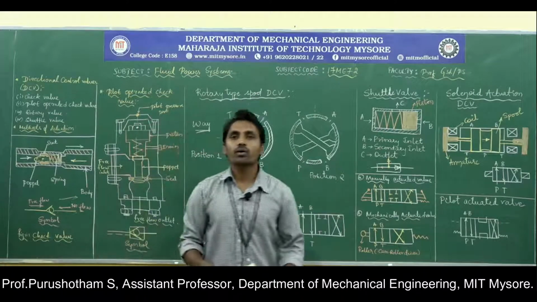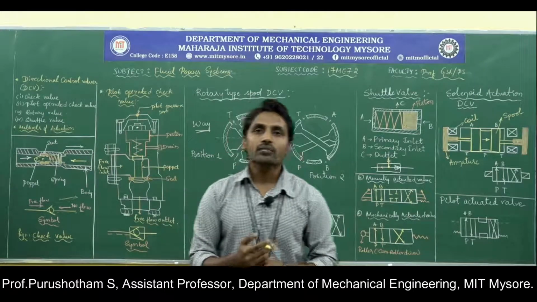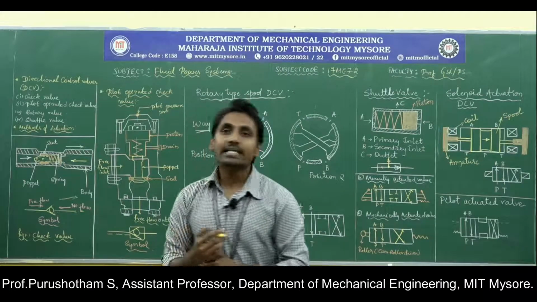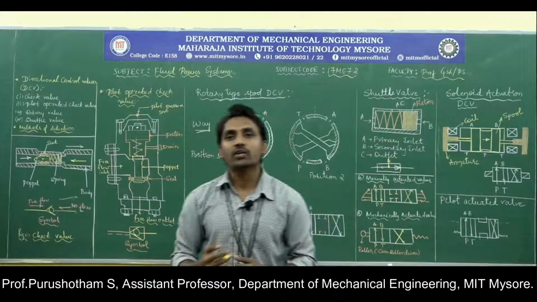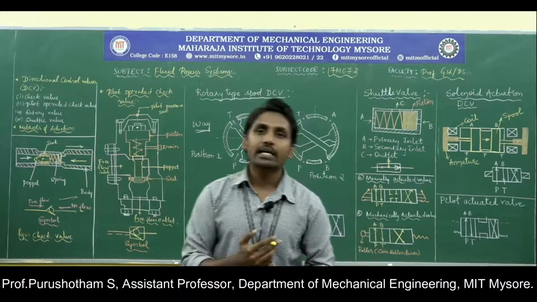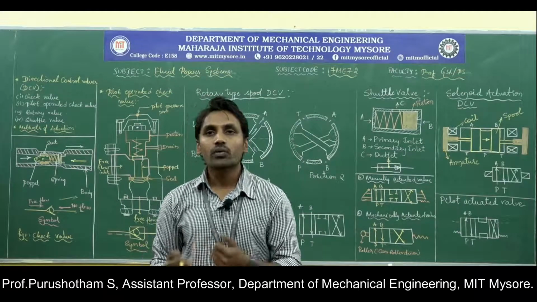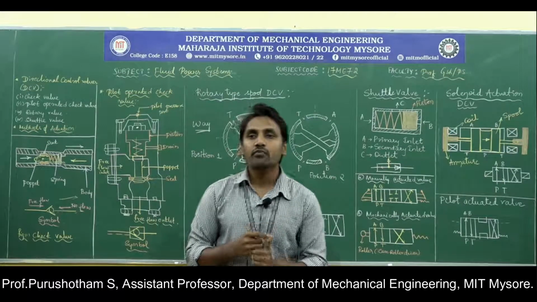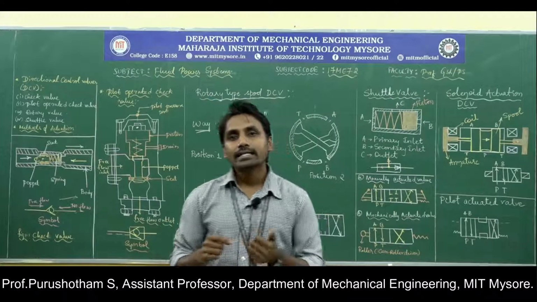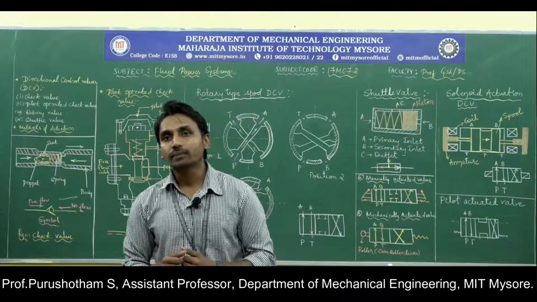These check valves are used for high operating pressures, and the leakage is minimum in check valves. Here we are using a poppet and seat type of arrangement. In check valves we can also see ball and seat type of arrangement, cone and seat type of arrangement, and disc and seat type of arrangement.